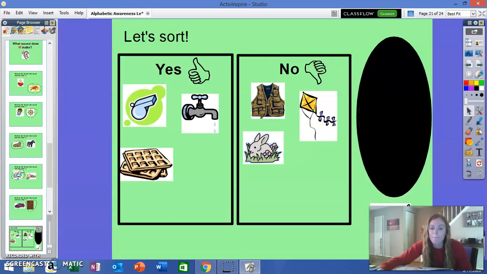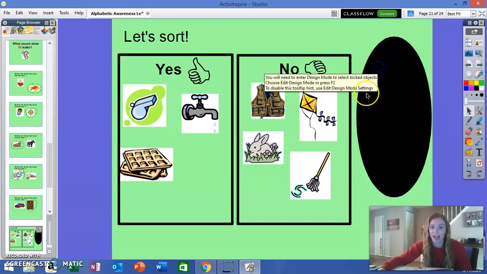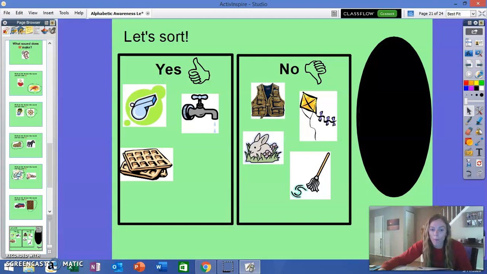Mop. Thumbs down, you're right. Does not start with W. Mop starts with the letter M. Very good. And last one. This is a worm. Worm. Thumbs up.